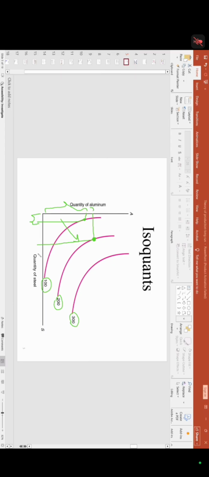Here, this much and this much. Okay, it's quite different from your previous curve, because this previous curve is basically for the 100 level of output. If you need to increase your given level of output, of course, you need to increase your capacity. In the short run, of course, you can, in the long run, you can do this expanding of capacities in your production. Clear? So this is kind of a graph for explaining your isoquant, okay?